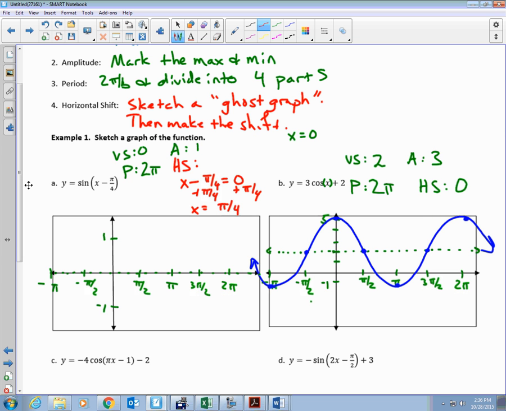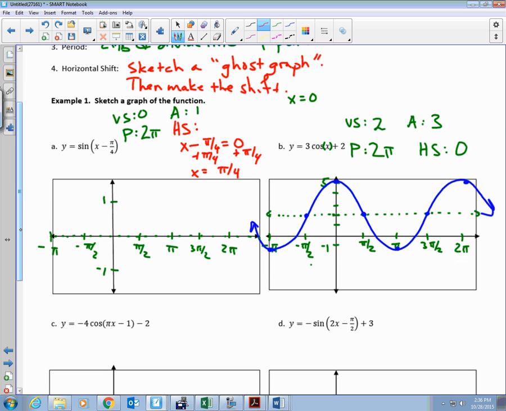Let's pretend like we didn't have a horizontal shift. Right now, let's just sketch the stuff that we have in green here. It's sine, so let's start the max, min, or the middle. Will it start by going up or going down? It will go up. Instead of making a solid line, I'm just going to make a light dashed line. You see that? I just make a dotted or dashed line.